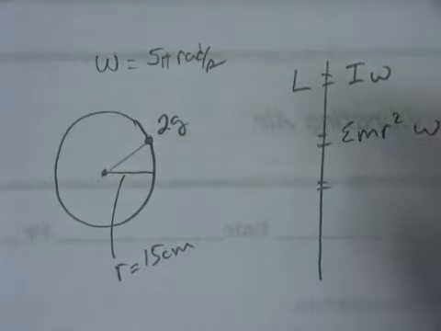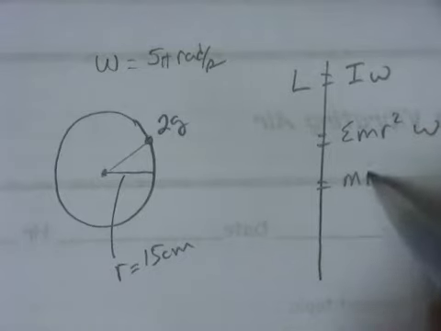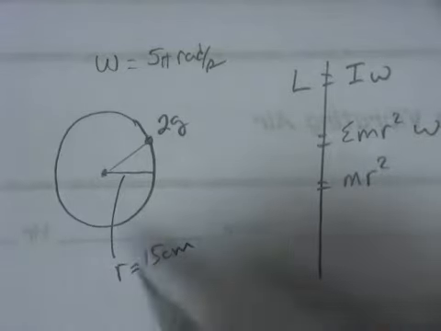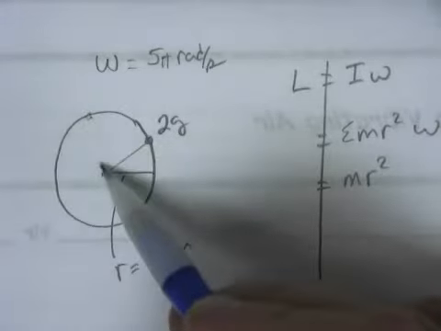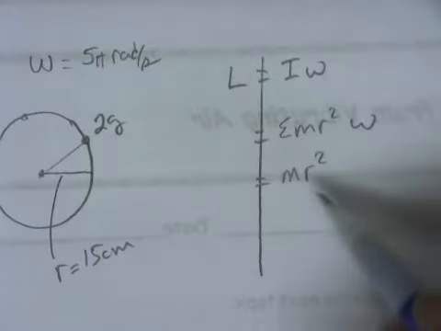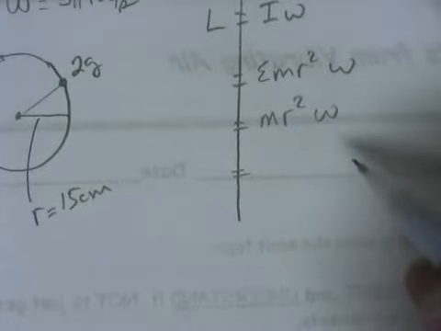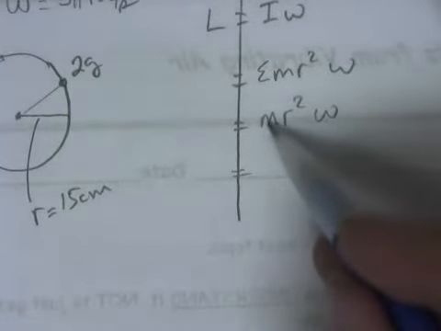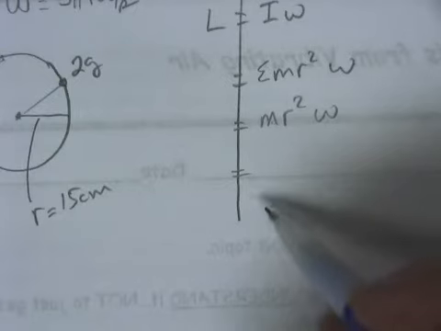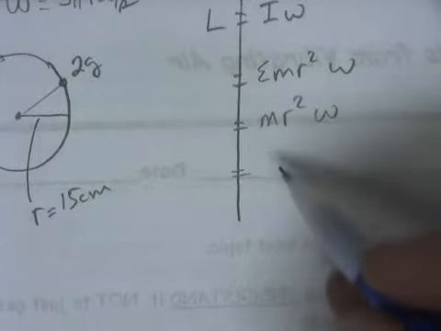So when I do the sigma m r squared, it's going to be pretty simple. It's just going to be m r squared. Now, if there were two objects, like one out here, then I'd have to do m r squared plus m r squared. But I don't have that. So the rest is just, I think, pretty much plugging them in. So the mass here, I'm going to try to stick with the regular units, and that's kilograms, meters, and seconds.